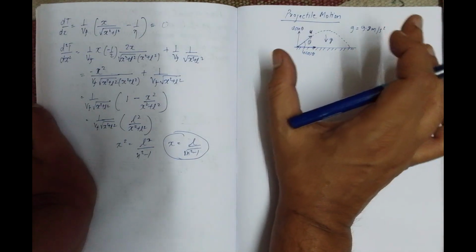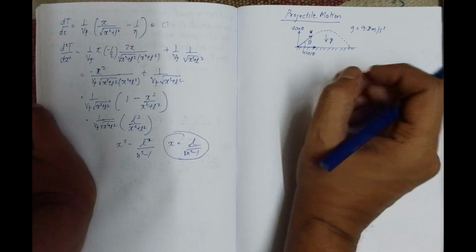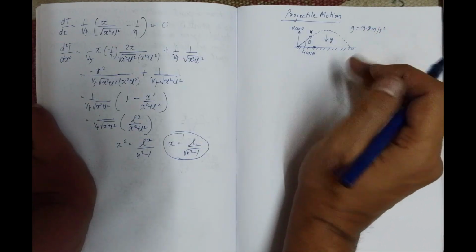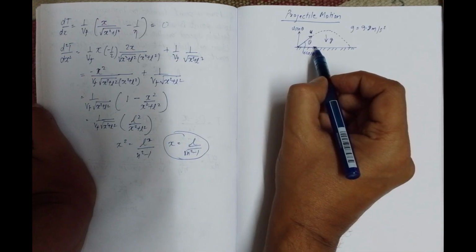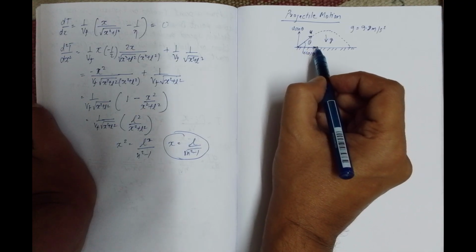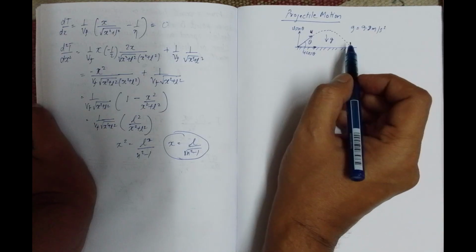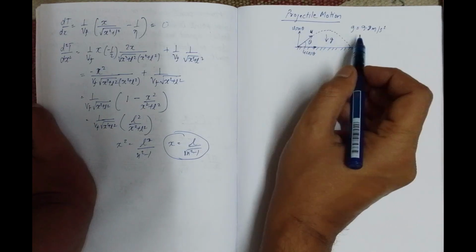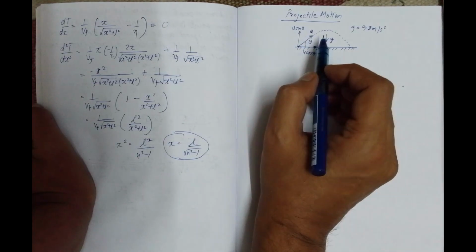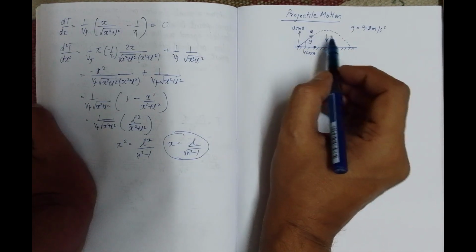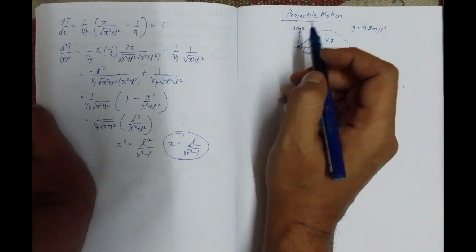You can calculate all these quantities in a very straightforward way. This component u cos theta will remain constant, because this is the component of the velocity in the horizontal direction, and there is no acceleration acting on this ball in the horizontal direction. There is only one acceleration acting on this ball, and that is g, which is acting in the vertical direction.